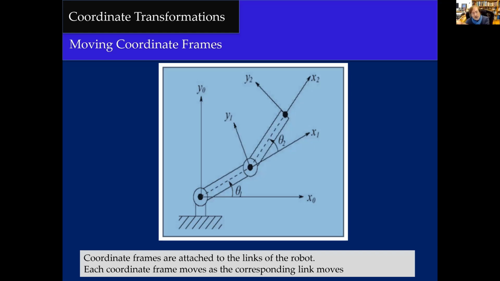But when you go to space, the Earth fixed frame also becomes a moving coordinate frame. But let's come back to operations on Earth, like industrial robots on Earth. Then any reference frame which is fixed on Earth is called a fixed reference frame.